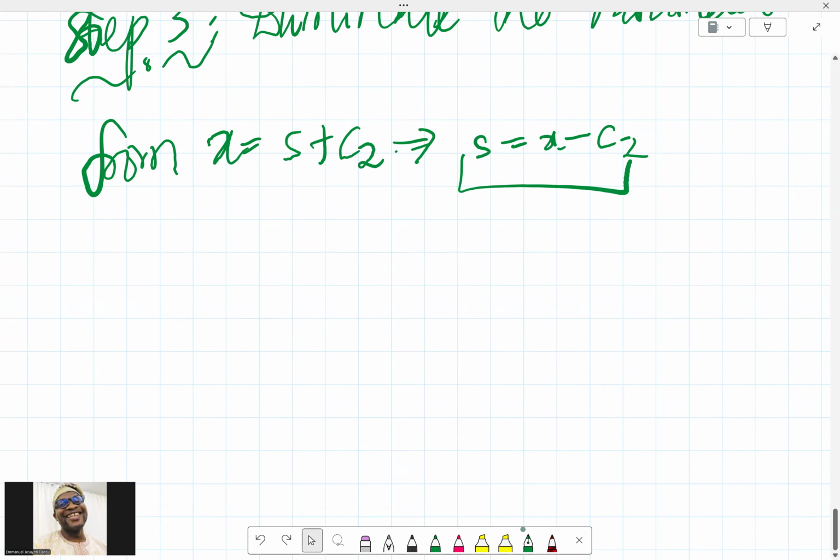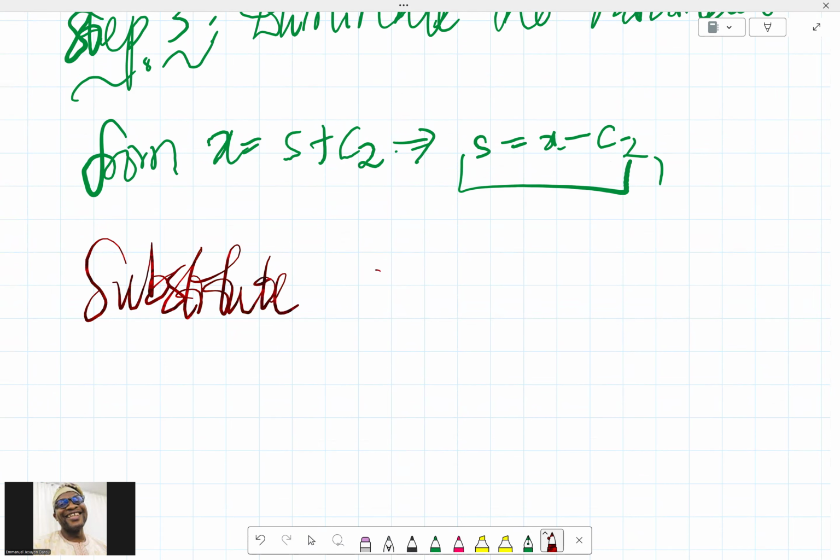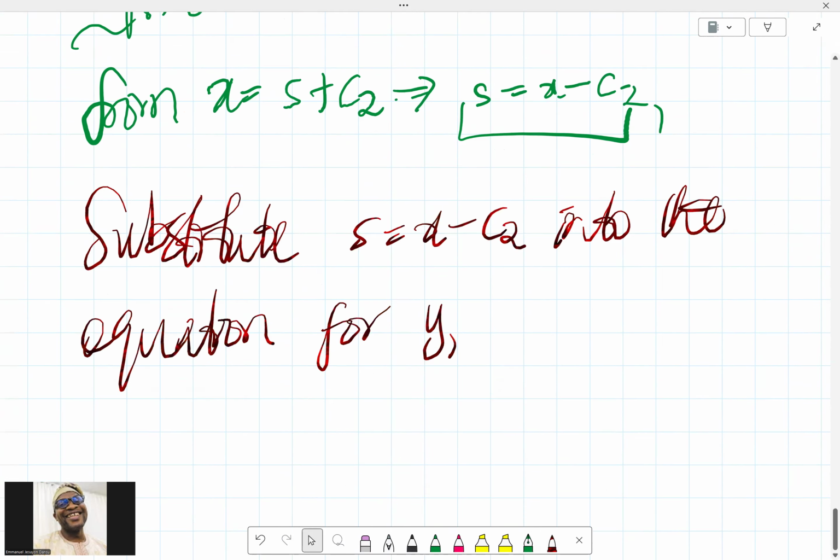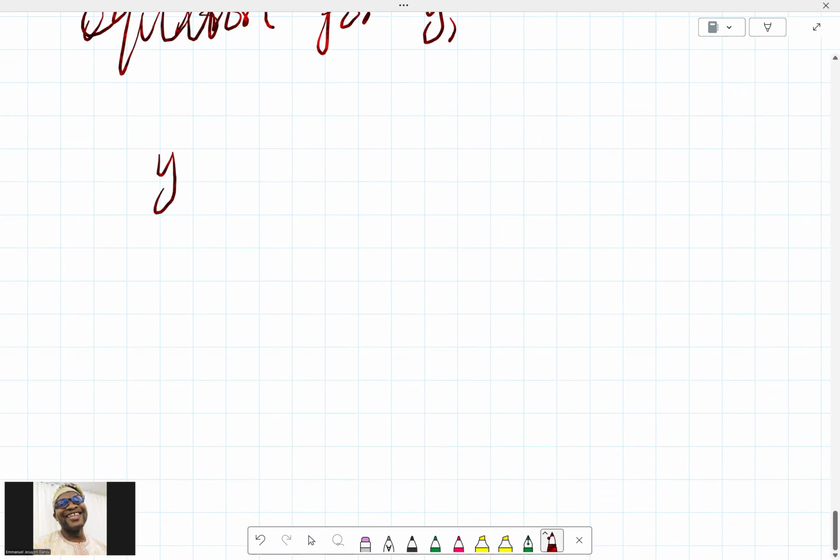So we substitute s equals x minus c2 into the equation for y. So what's the equation for y? Y equals c1s plus c3.